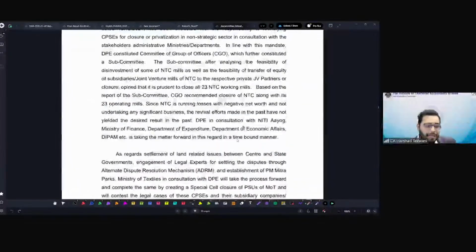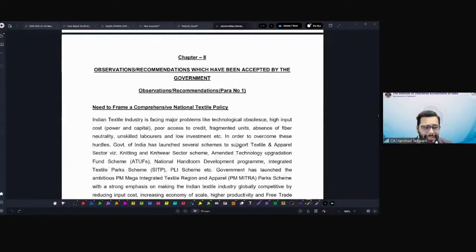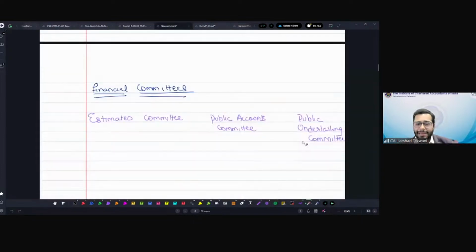Once the audit is done, either a performance audit report or others, these reports are presented and discussed by the committee in the parliament, and parliament discusses each and every matter. So this is how the report is there for the estimates committee.